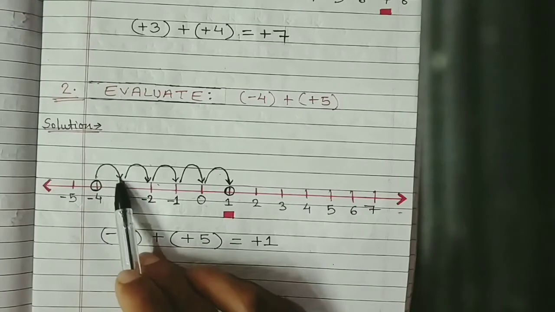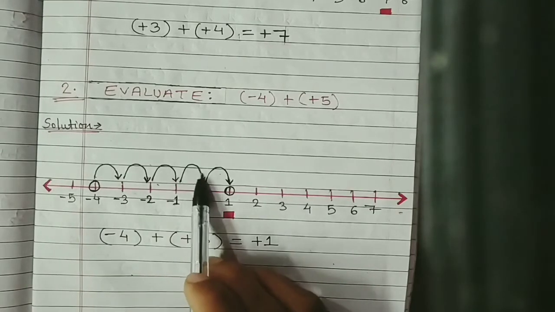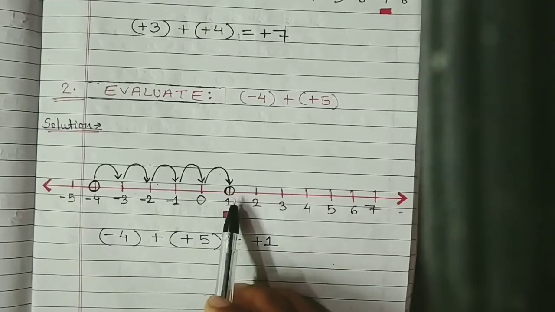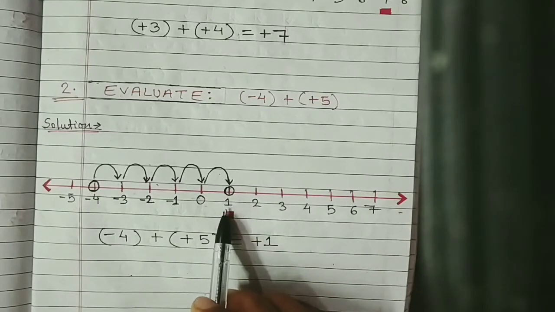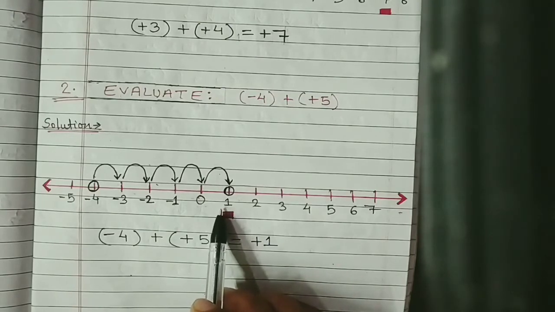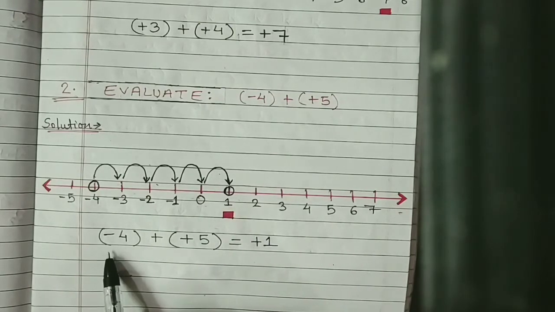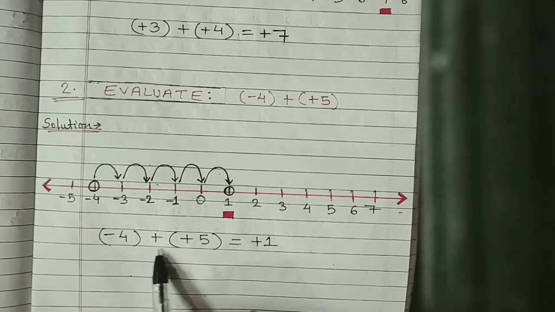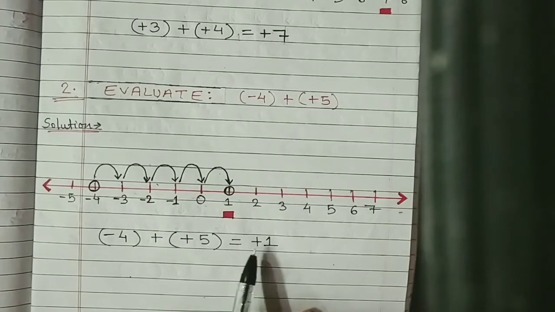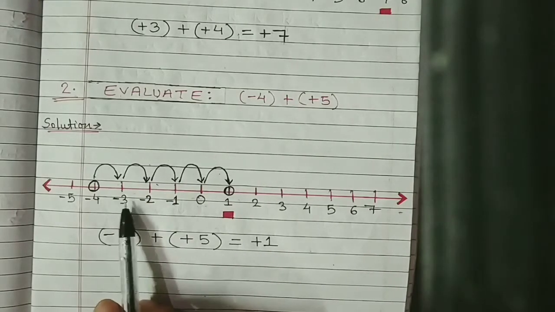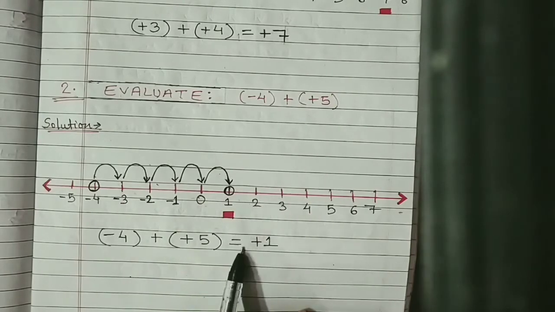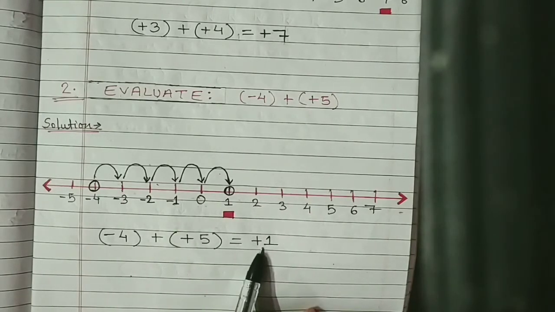So 1, 2, 3, 4, 5, and we have reached in this place, and in this place the integer is plus 1, and this is our required answer. So I have written here minus 4 plus 5 equal to plus 1. So again we have added these two integers using this number line, and our answer is plus 1.